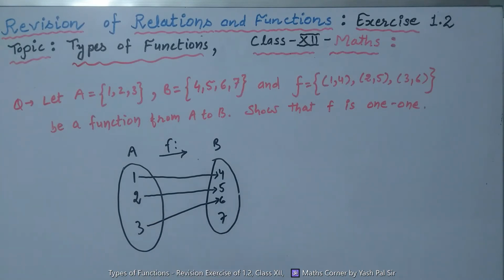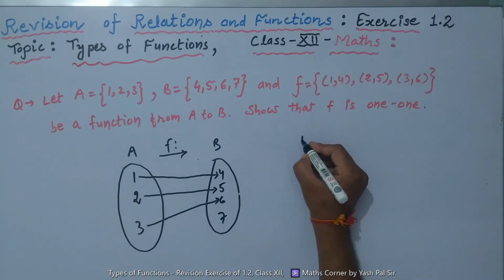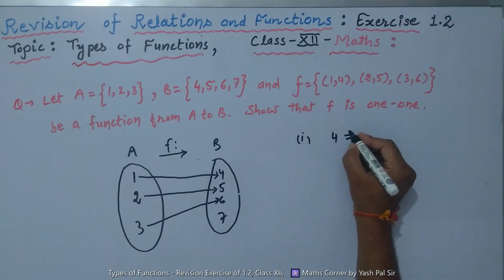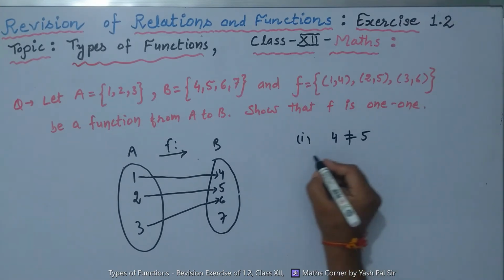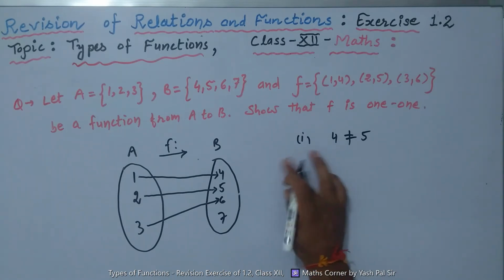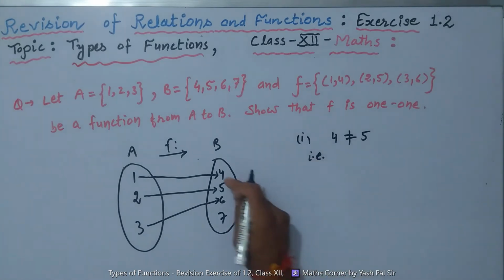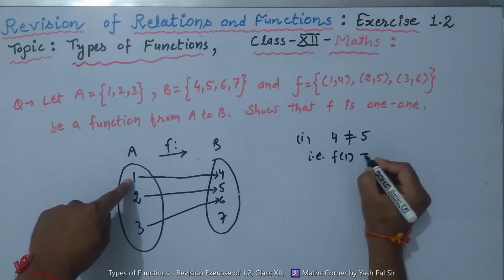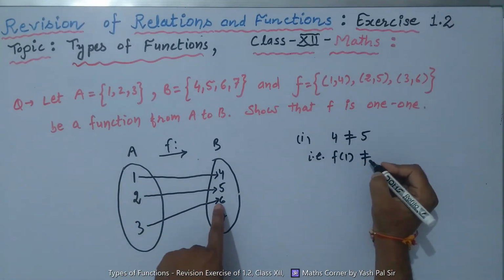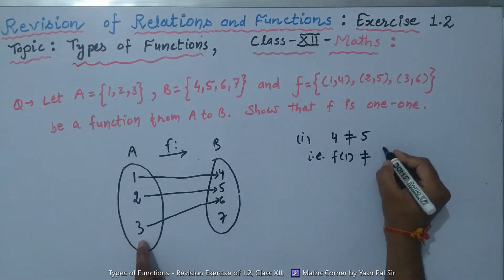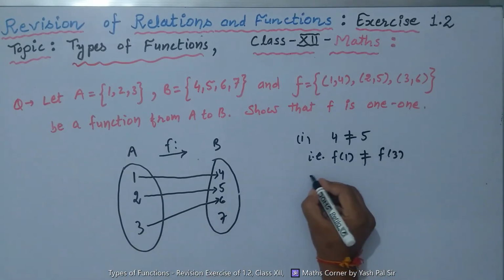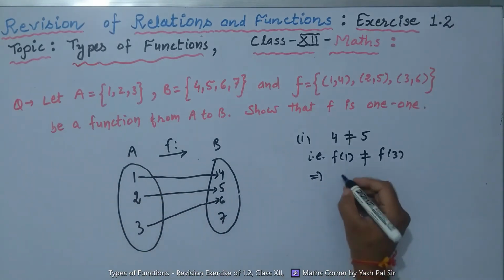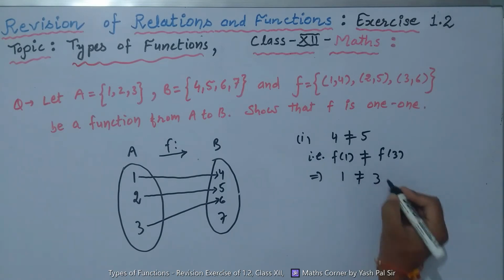So obviously this is 1-1, because 4 is not equal to 5. That is, what is 4? 4 is the image of 1, not equal to the image of 3. Also on the left side, 1 is also not equal to 3.